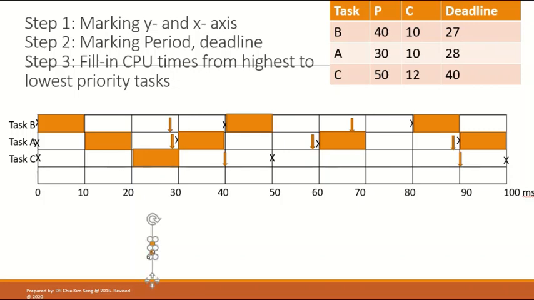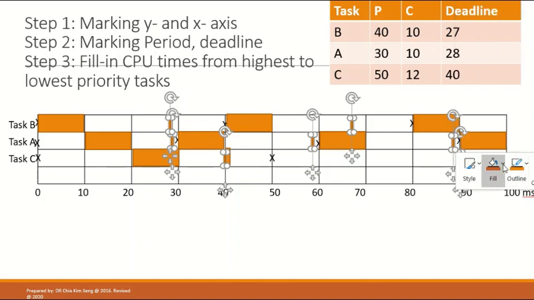Yeah, I should change the color. This color is not so nice. Let me change the deadline color. The deadline should be red, correct? It becomes red. This one is CPU. What color do you want for CPU?